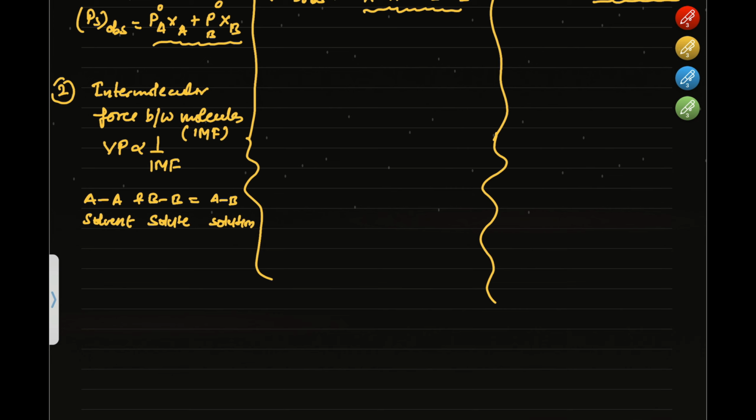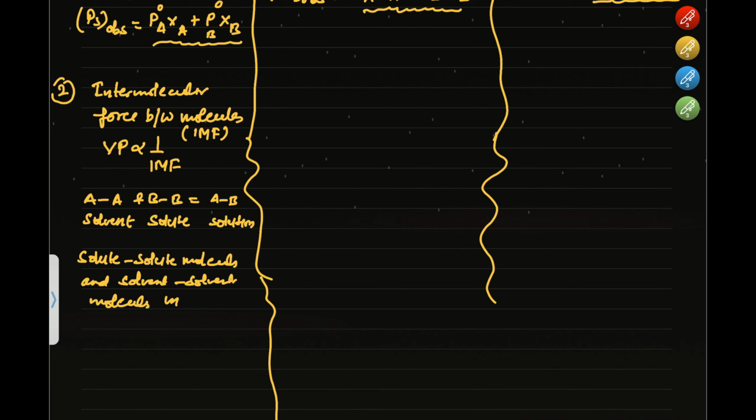In the ideal solution, solute molecule and solvent molecule interaction is equal to solute-solvent interaction in solution.